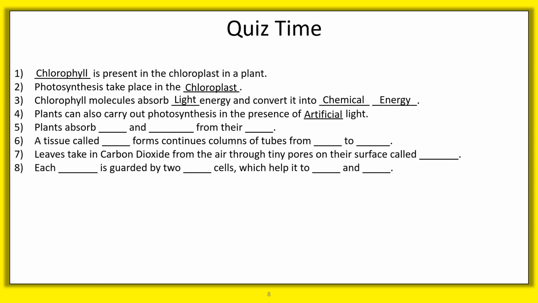Fifth, plants absorb dash and dash from their dash. The time to answer this question has ended and the answer to the fifth question is plants absorb water and minerals from their roots. Sixth, a tissue called dash forms continuous columns of tubes from dash to dash.